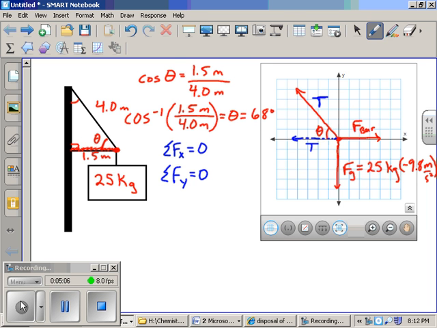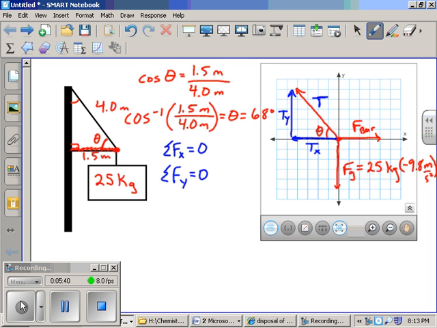So maybe we'll call this Tx, and we'll call this Ty. Now, inspecting that, you can see that if you add the force in the bar to Tx, they're equal and opposite, so that will be 0, and Ty needs to be equal and opposite from Fg.